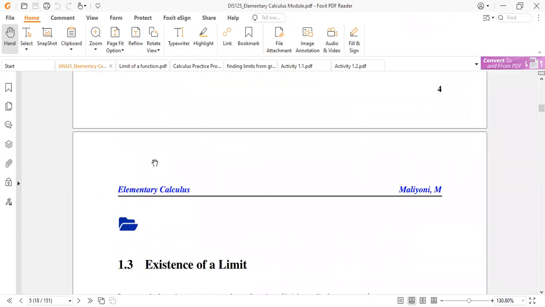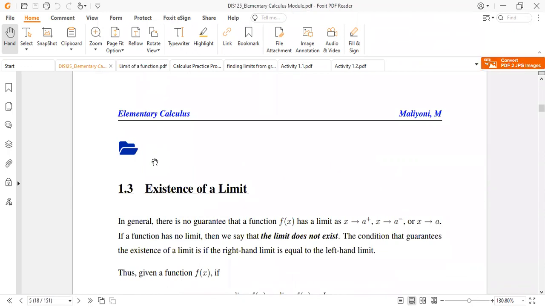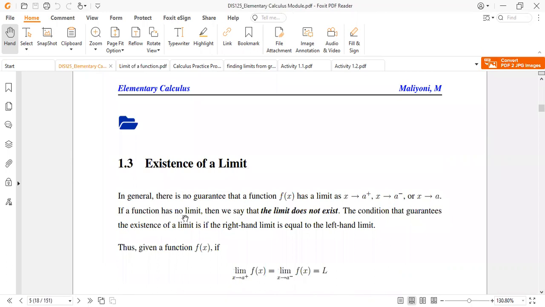When do we say that a function has a limit or not? If a function has no limit, then we say the limit does not exist. The condition that guarantees the existence of the limit is if the right-hand limit is equal to the left-hand limit. Remember earlier on we looked at how we find the right-hand limit and how we find the left-hand limit.